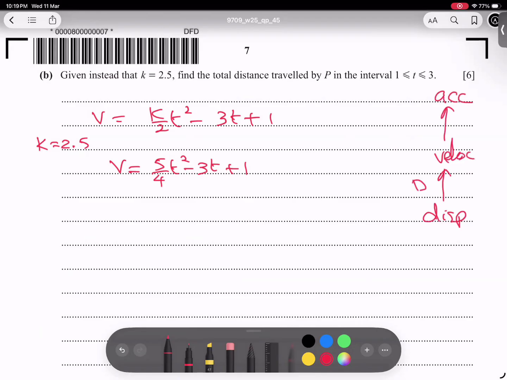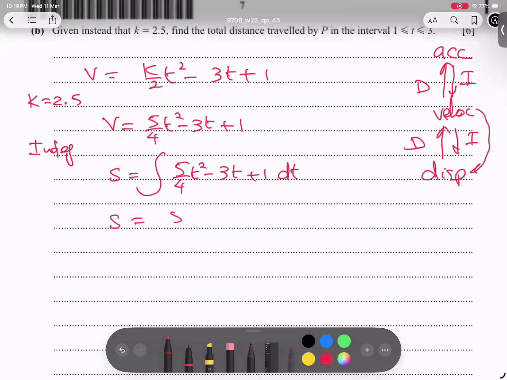Going up is differentiation, coming down is integration. Now we are at the level of velocity, I have to come down, so again integration. So I get s equals the integral of 5/4 t square negative 3t plus 1 dt.